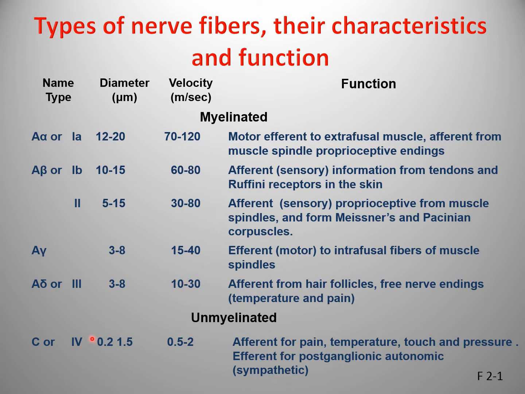Fibers type 4 are not only the smallest diameter, as you can see here, but they are also unmyelinated, therefore the slowest transmitting fibers or axons in the body.